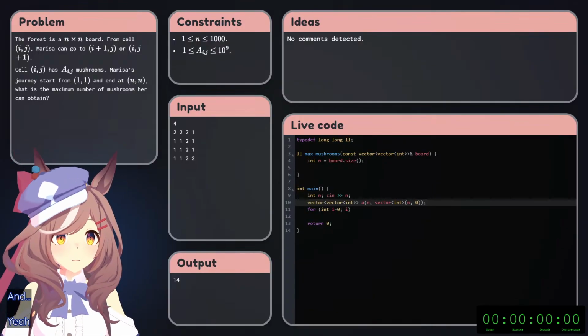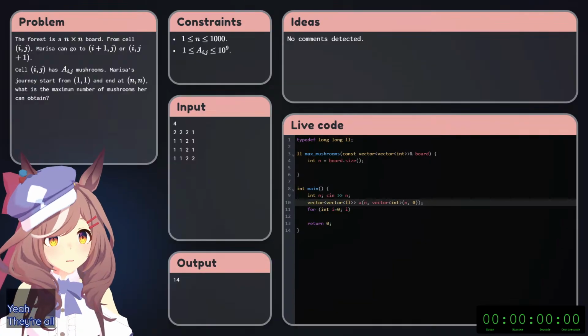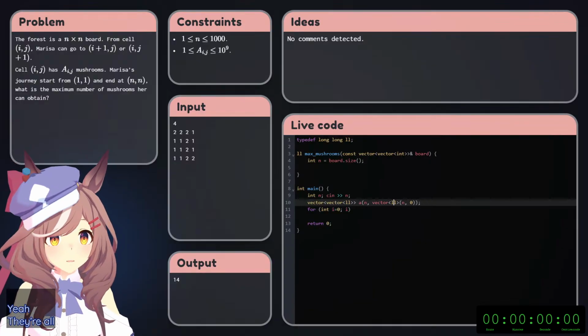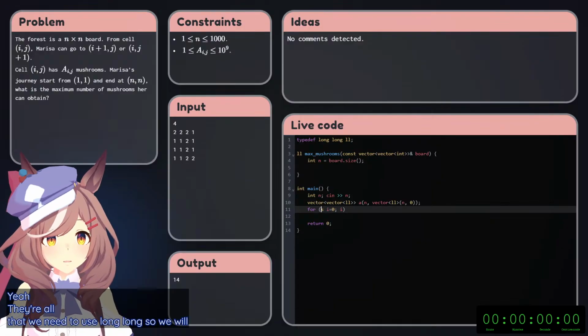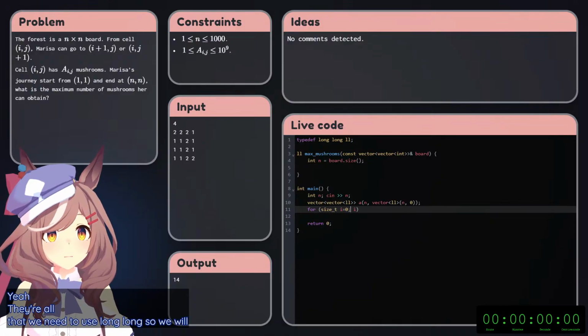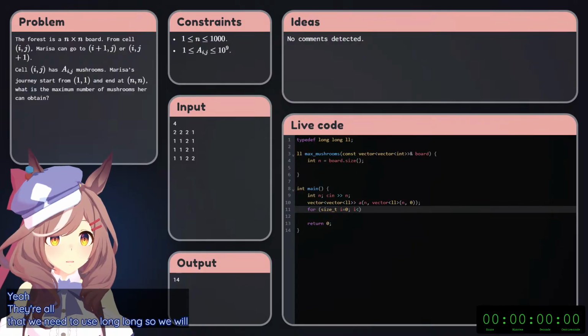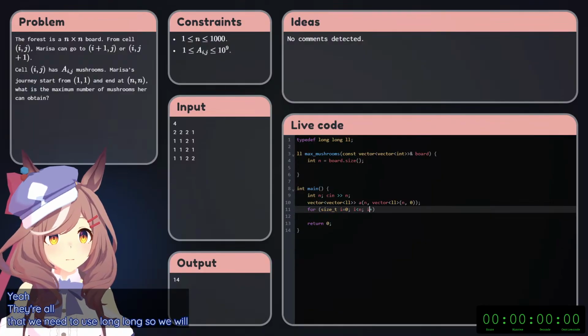Now we need to use long, so we will input long for the loop, with plus plus.